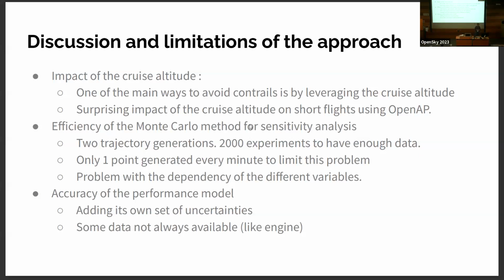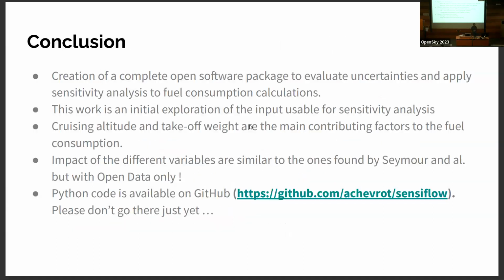And the last point is the accuracy of the performance model. It's adding its own set of uncertainty that would need to be checked, for example the equations that they are using compared to reality. And some data are not always available in open data, for example the engine used. In this approach, we use the default engine that was given by OpenAP.